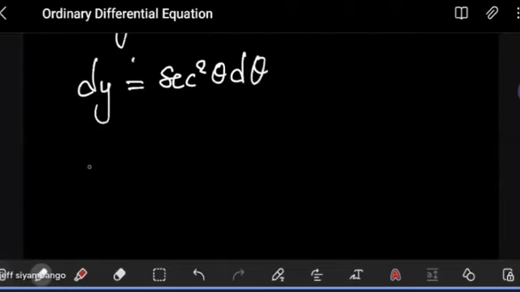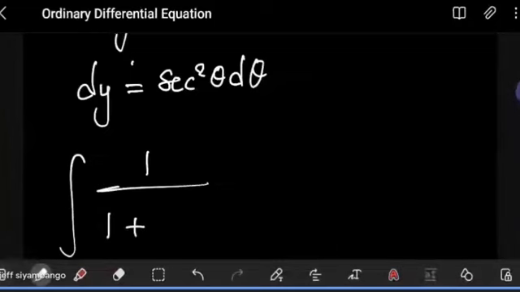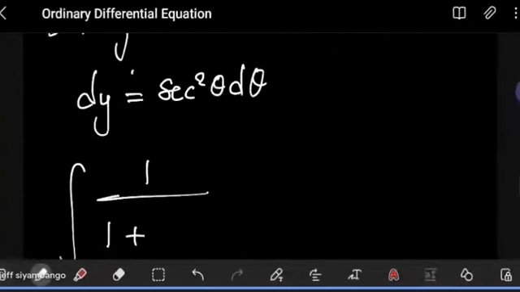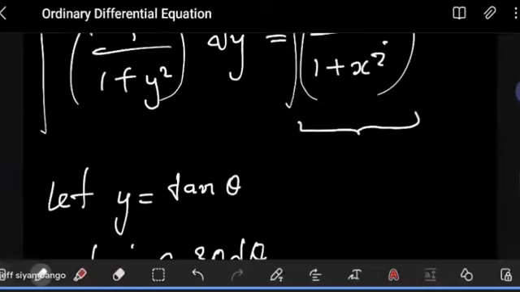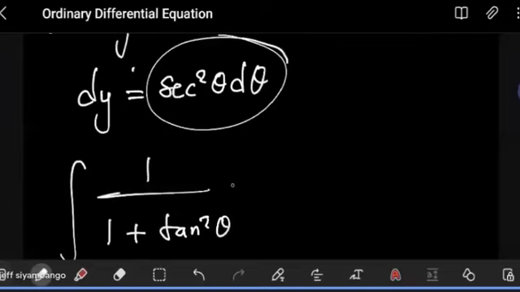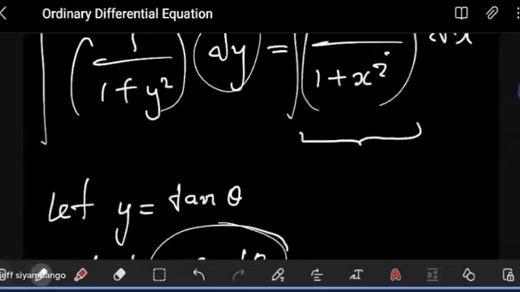That expression becomes 1 over 1 plus, where we have y squared, it becomes tan squared theta. Then where we have dy, we're going to put that expression, sec squared theta d theta. Again here, remember I did emphasize, had this been maybe a 4 plus y squared, then my y would have been equal to 2 tan theta.